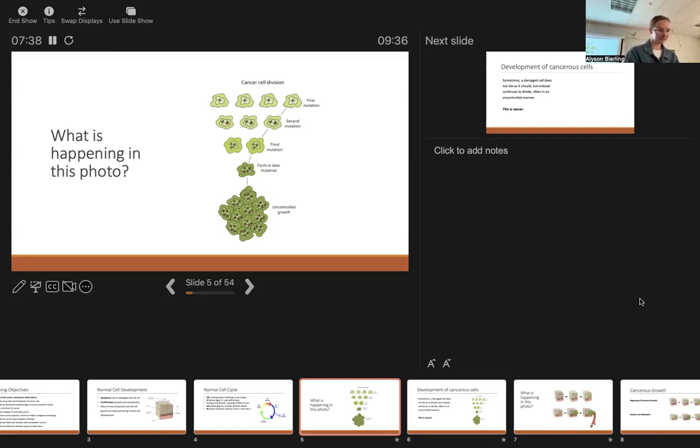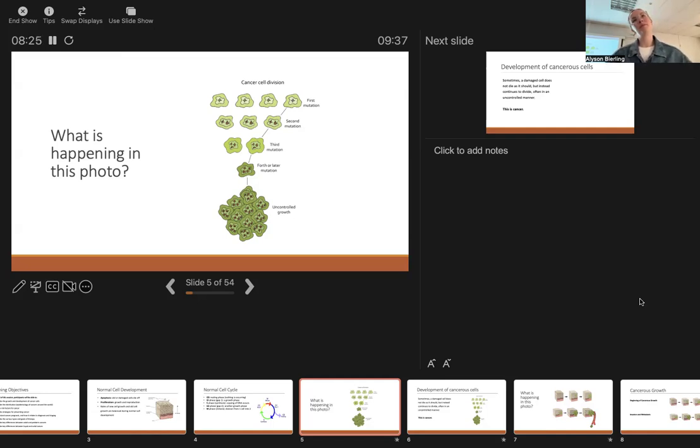So in this presentation, what we can see is that those cells are different from the normal cell.